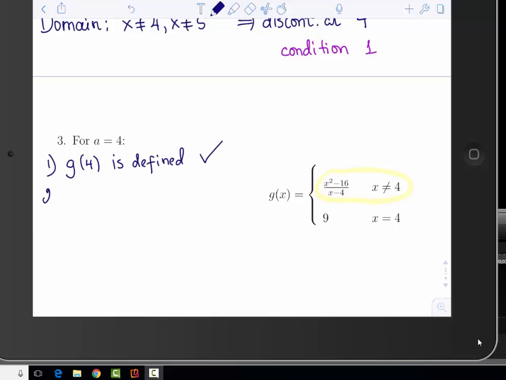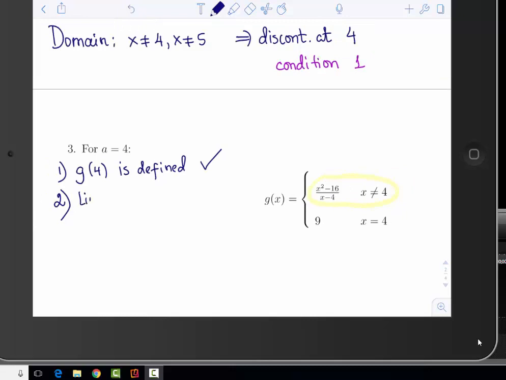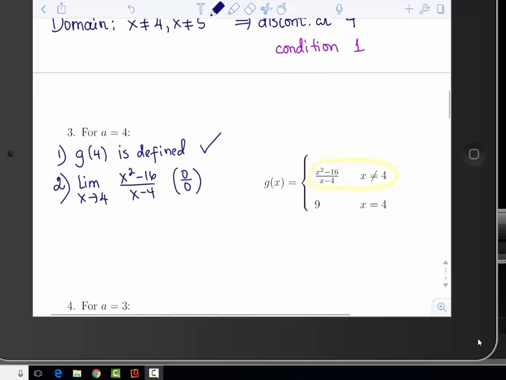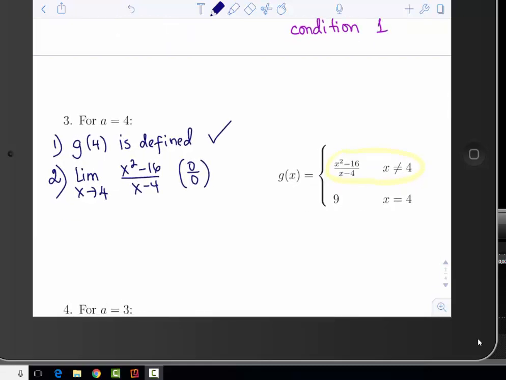Condition number 2, I need to see if the limit exists. So the limit as x goes to 4 of this function. Now remember, if I plug my numbers in here, I'm going to get 0 over 0. This is the case of removable discontinuity, right? So if you recall what we're going to do, we're going to factor the top.